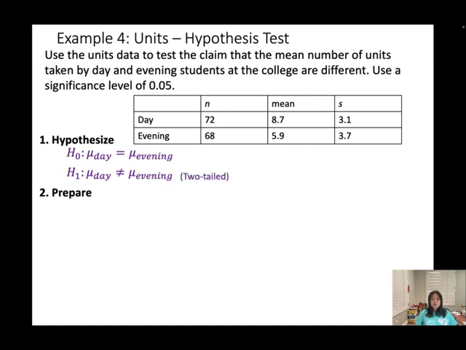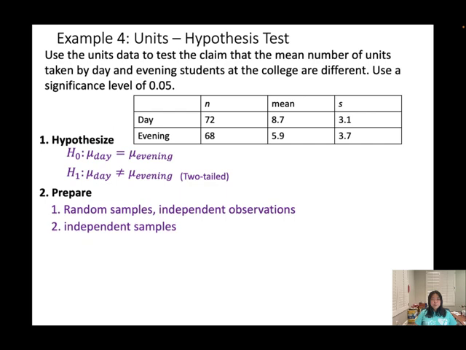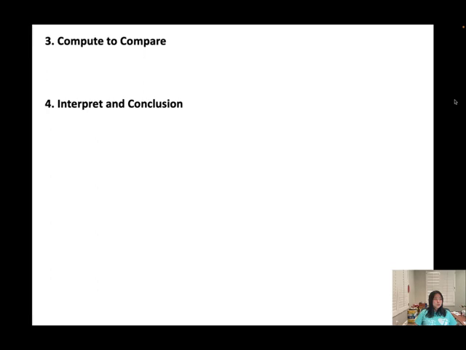Okay, and then check the condition. Random sample, independent observations, and then independent samples. And then both sample size are at least 25 or more. Okay, right? Now, use your calculator to find the test statistic. I'm gonna show you guys after, okay?